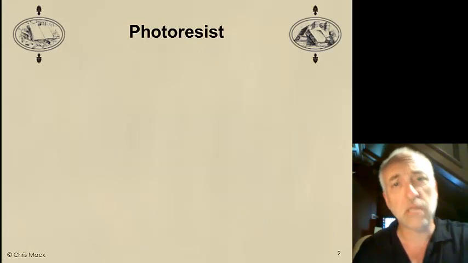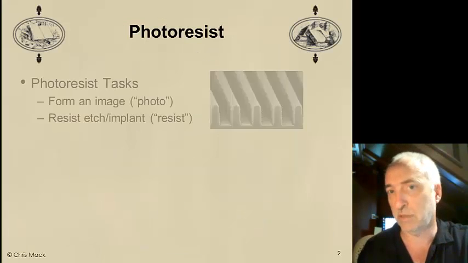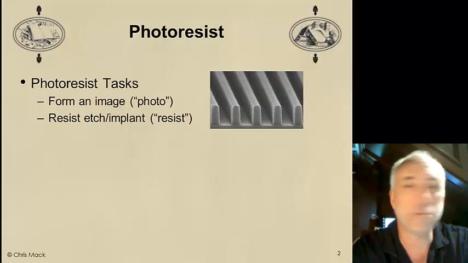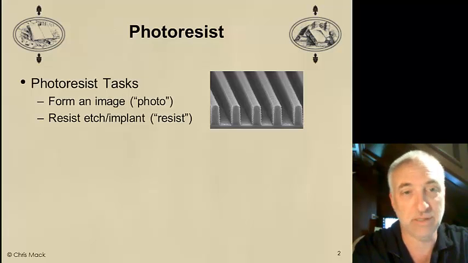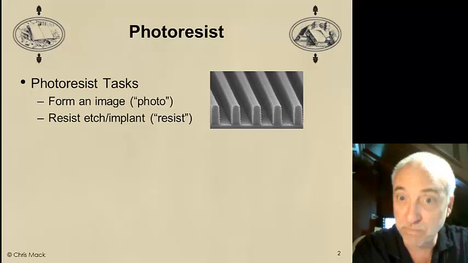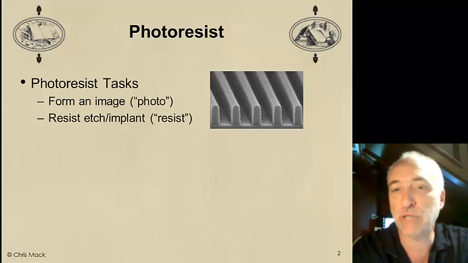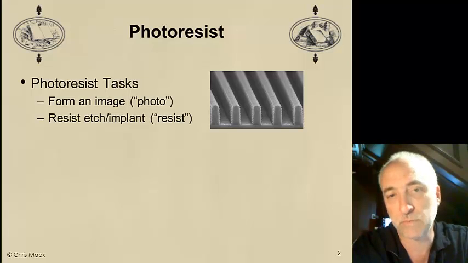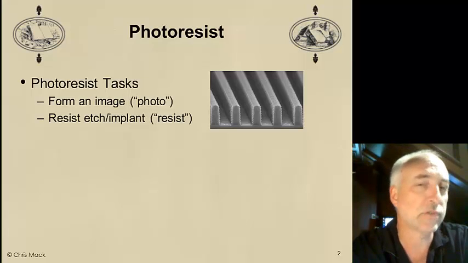So let's review what we've already talked about in terms of the tasks of a photoresist. As we've mentioned before, a photoresist has two main tasks: to photo and to resist. Photo means to form an image, and resist means to resist etch and implant, so that we can transfer that image into the substrate. Now, these aren't the only tasks for a photoresist.